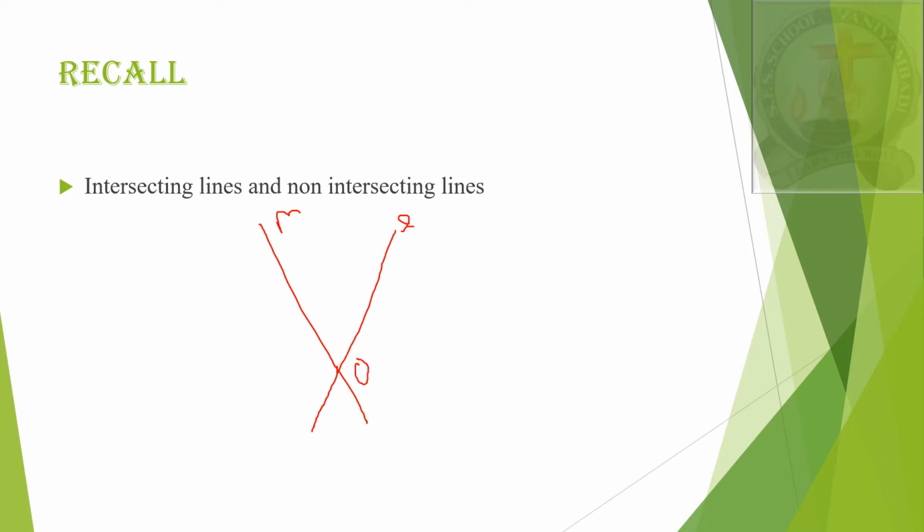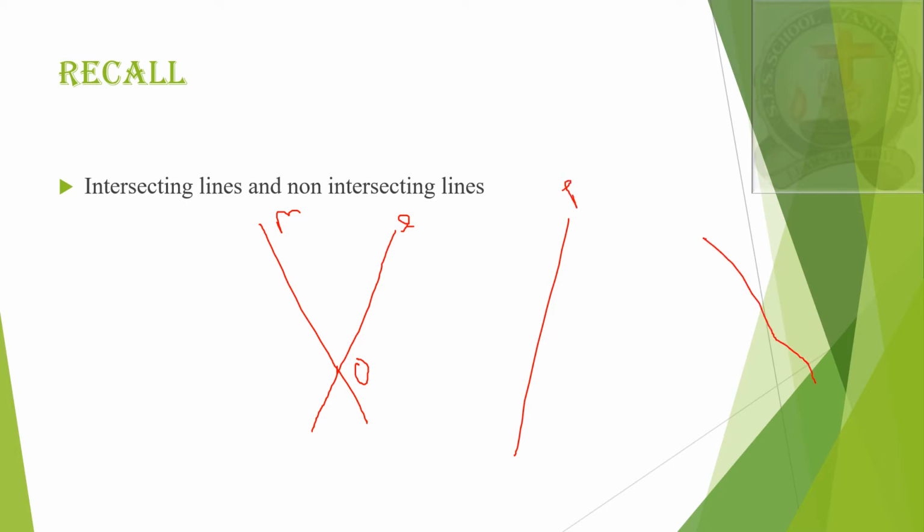If we name the point O, the line L meets the line M at point O. You can say it this way also: the line M meets the line L at point O. These two lines L and M meet at point O. Therefore, we can say the lines L and M intersect at point O. Therefore, the lines L and M are called intersecting lines.